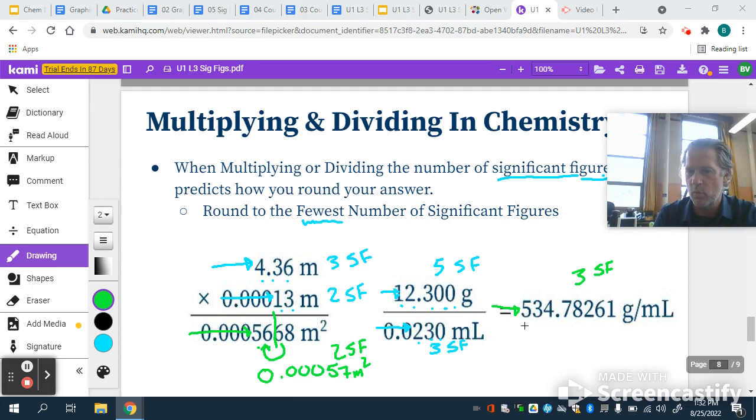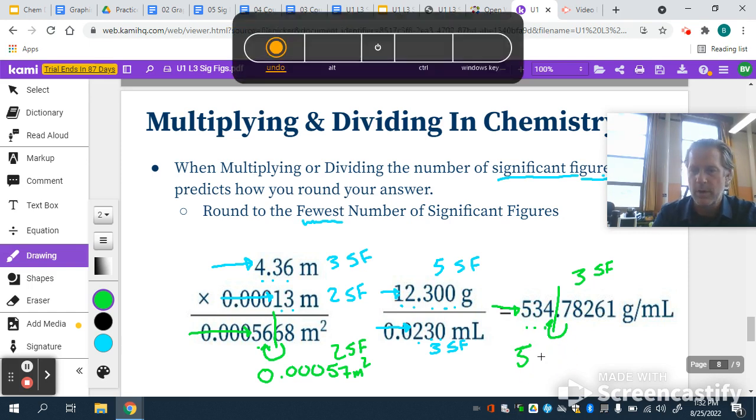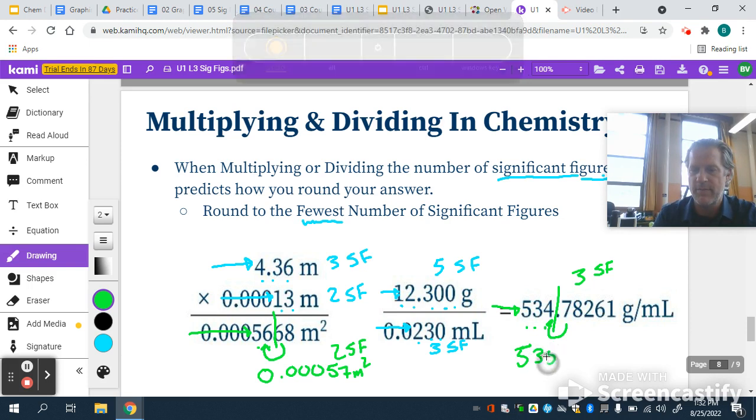That's my 1, 2, 3 sig figs. So I'm going to draw this down, and that's 7. We'll round that 4 up. So my final answer here is going to be 535, and the unit would be grams per milliliter.